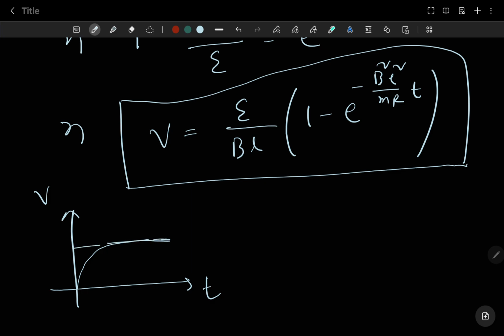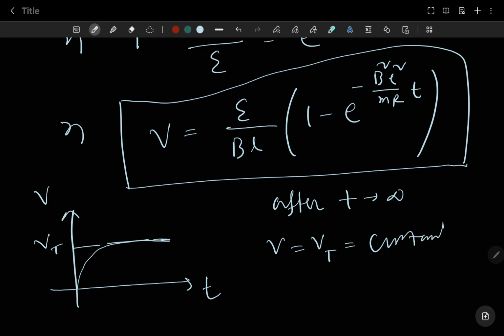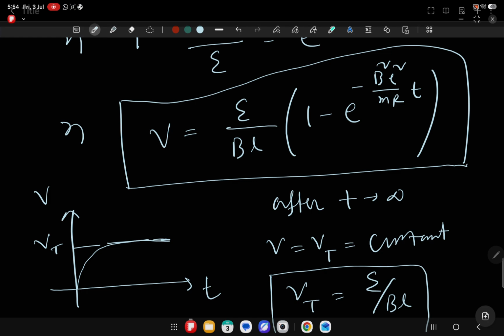Okay, so after some time the velocity is being constant. After t tends to infinity, the velocity becoming the terminal velocity, it is a constant. Okay, so Vt is basically here epsilon by BL. Okay, fine.